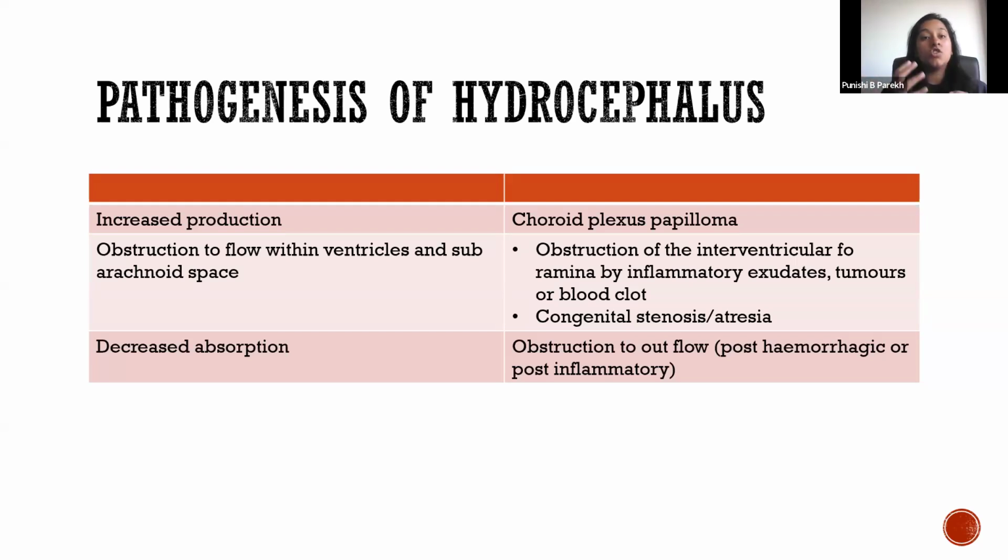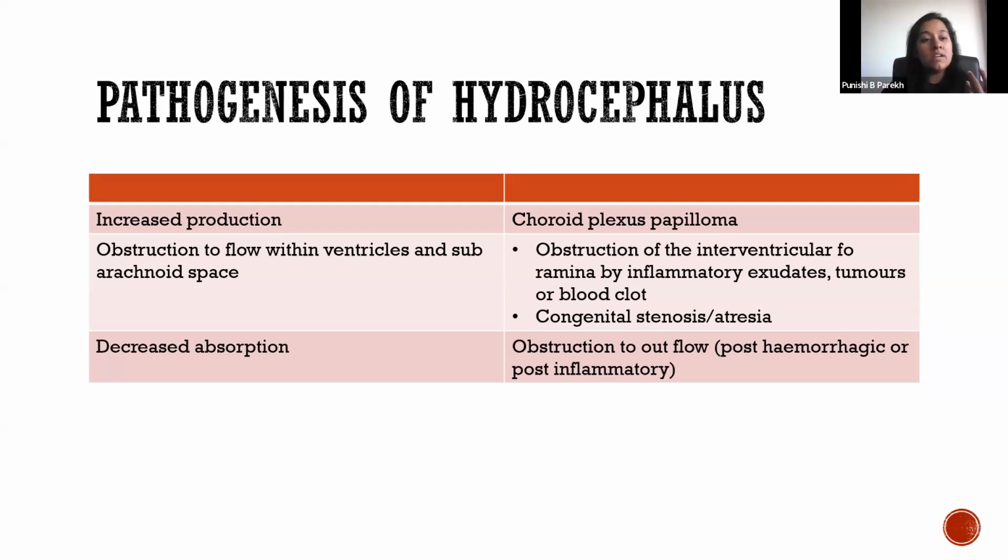Obstruction to flow can occur anywhere within the ventricular system, either because of post-inflammatory or post-hemorrhagic changes, or if there's a congenital stenosis or atresia of any of the foramina along the pathway of CSF. Decreased absorption by the arachnoid granulations can be either because of hemorrhage or inflammation. So these are the common three categories that can lead to hydrocephalus.